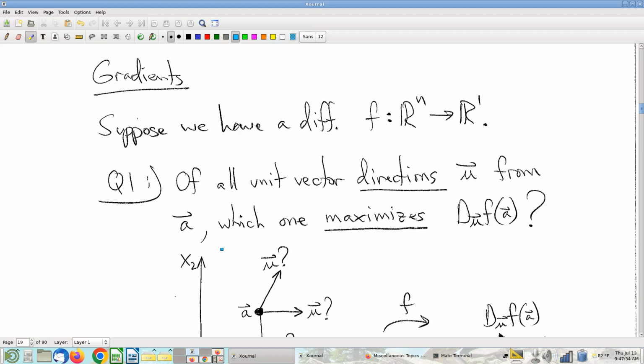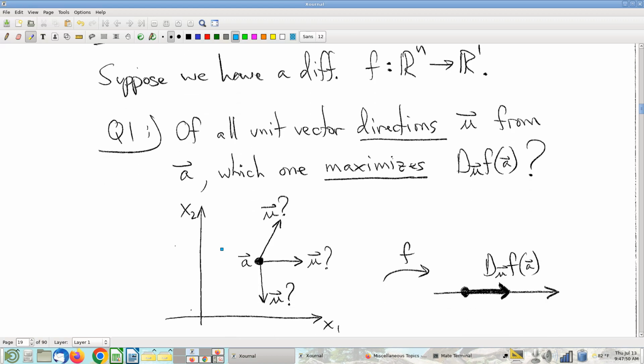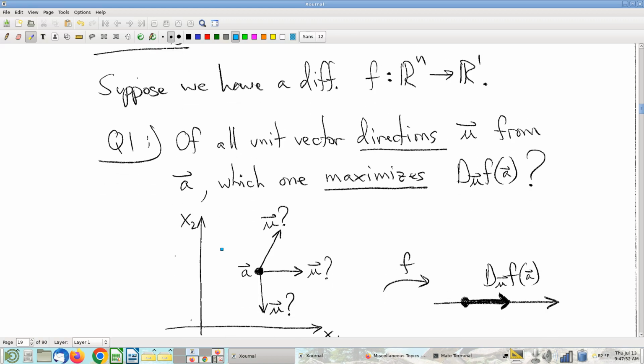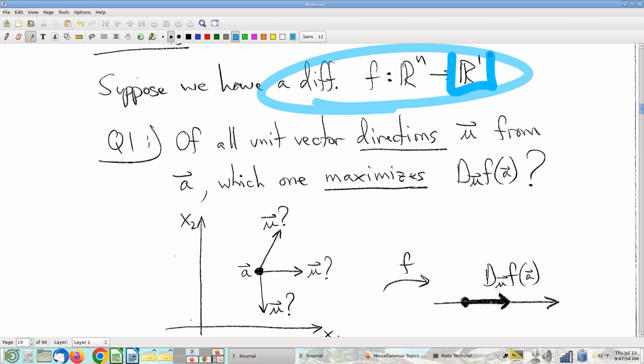What I'm going to do now is show you some geometric features of the gradient vector. And this is a little surprising. You wouldn't expect this right off the bat because it's defined with, again, purely algebraic motivations. It's going to turn out it's geometrically actually pretty natural. Okay, so we're going to consider a real valued multivariable function here.